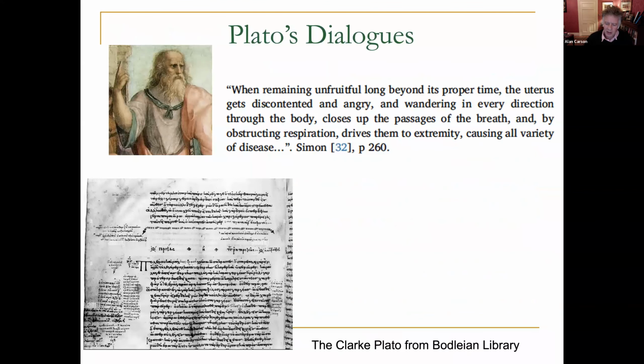There's actually more evidence from the philosophers, certainly in Plato's dialogues. It is quite unambiguous that when remaining unfruitful long beyond its proper time, the uterus gets discontented and angry and, wandering in every direction through the body, closes up the passages of breath, and by obstructing respiration, drives them to extremity, causing all variety of disease.